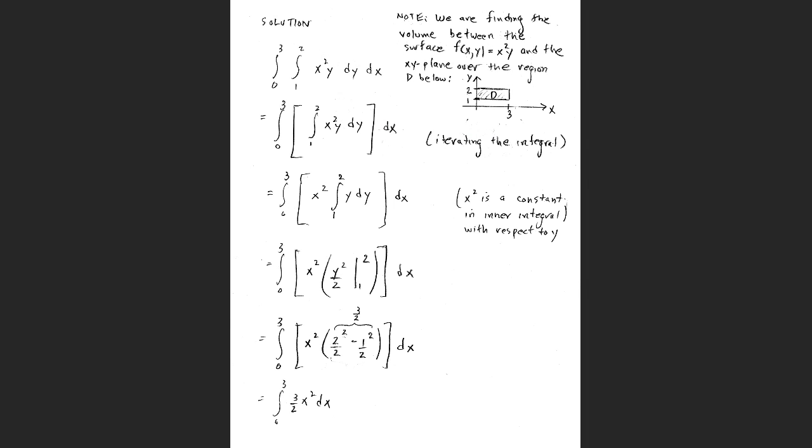Now, the first thing I note is right here. This double integral we are computing means we are finding the volume between the surface given by the function x squared y and the xy plane over the region D below.